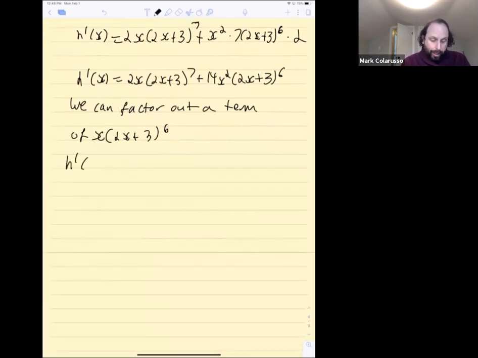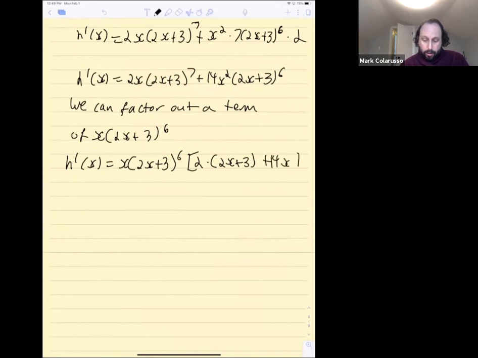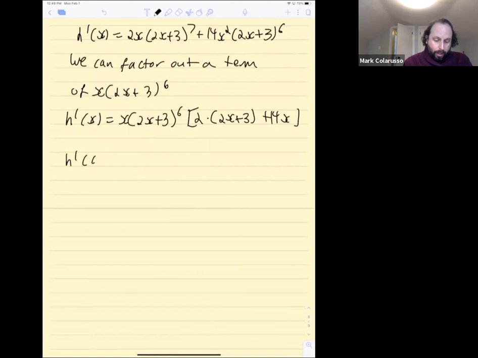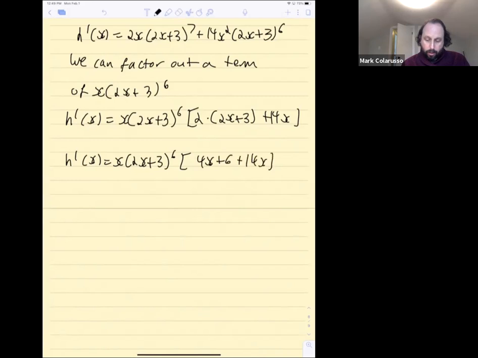If you do that, you get h prime at x is x times 2x plus 3 to the 6th power times 2 times 2x plus 3 to the 1, right? So 7 minus 6 is 1, plus 14x. And so then h prime at x becomes x times 2x plus 3 to the 6 times 4x, so 2 times 2x is 4x, plus 6 plus 14x.